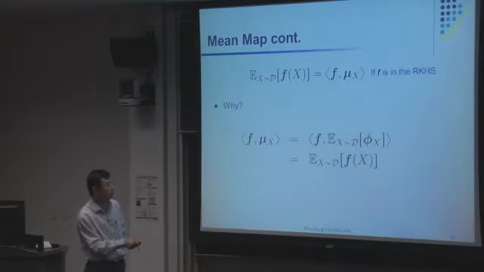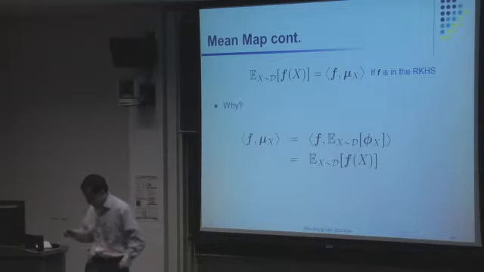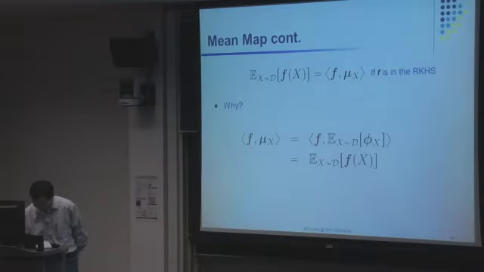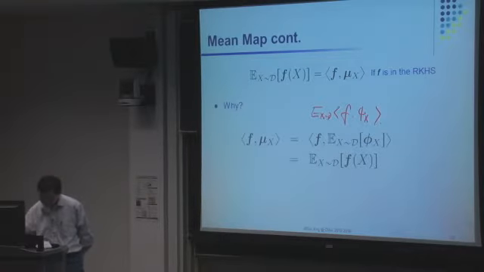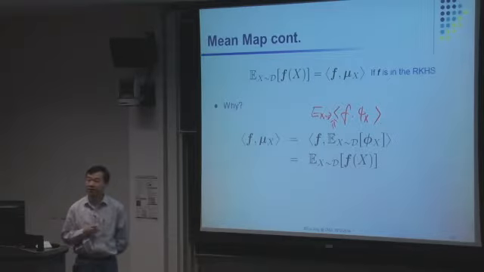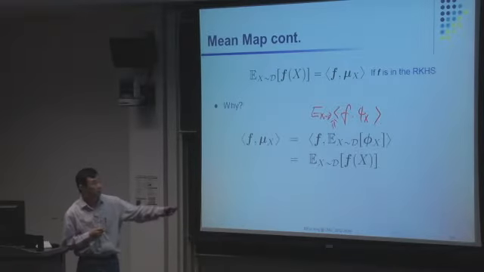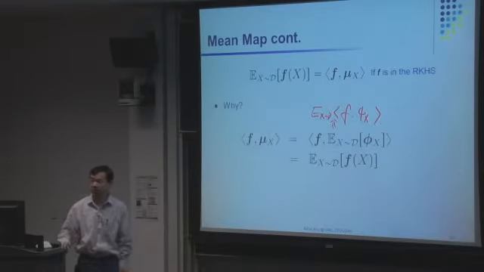Then I have the expectation of x, and so on. I have that, right? And from this step to this step, what property did we use?